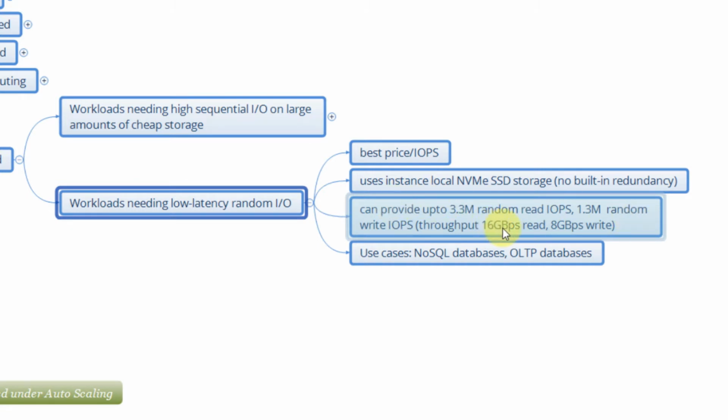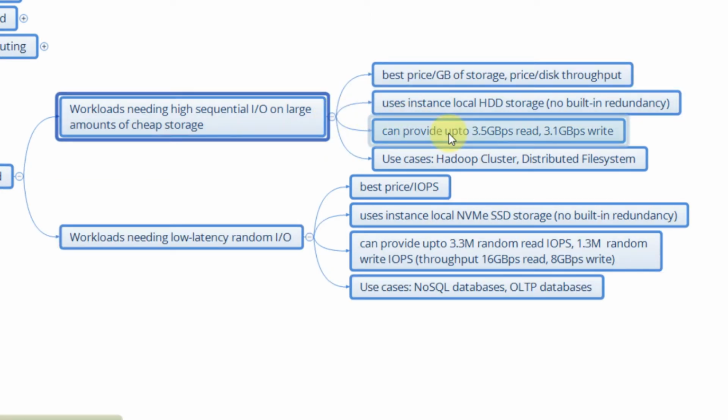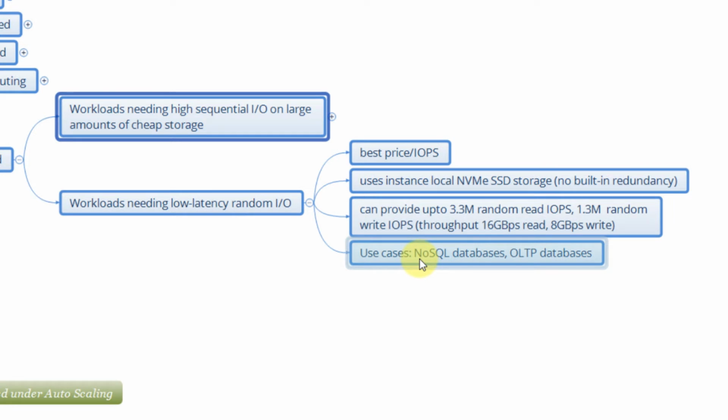And the throughput, as you can see, is also pretty high, 16 gigabytes per second read and 8 gigabytes per second write, compared with sequential IO storage, where the throughput is much lower. And this storage is ideal for databases such as NoSQL databases or OLTP databases.